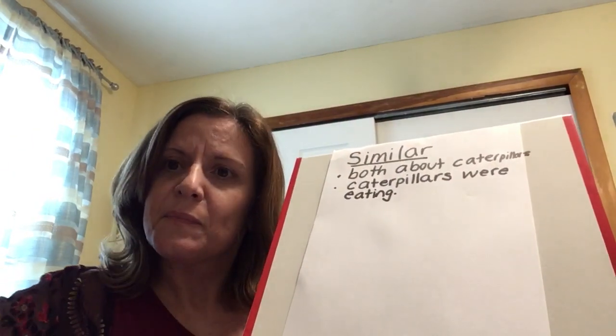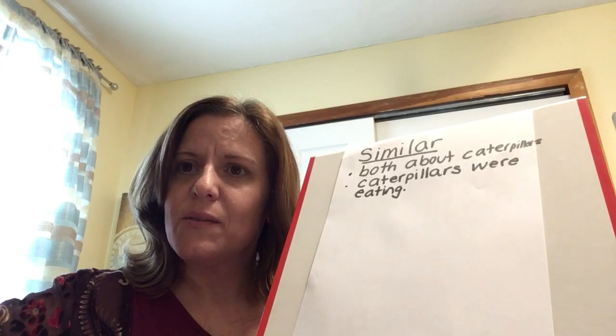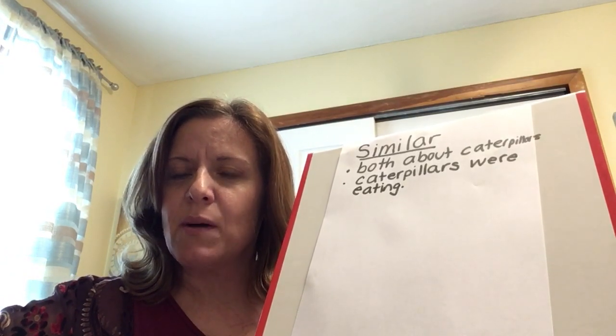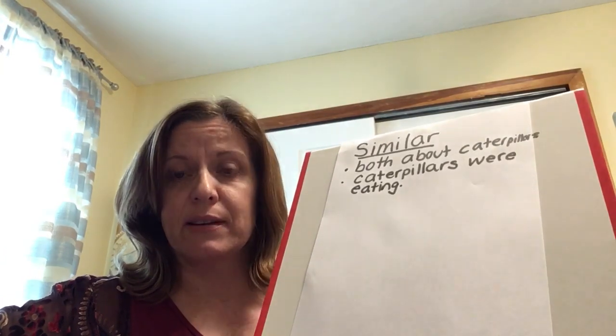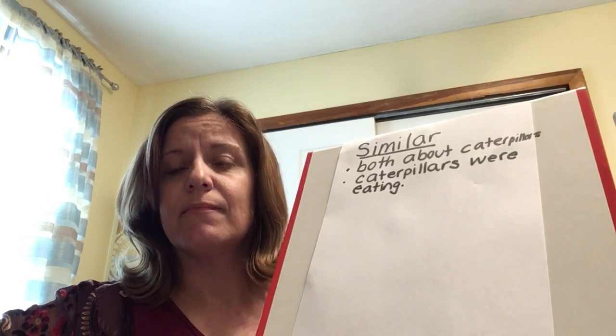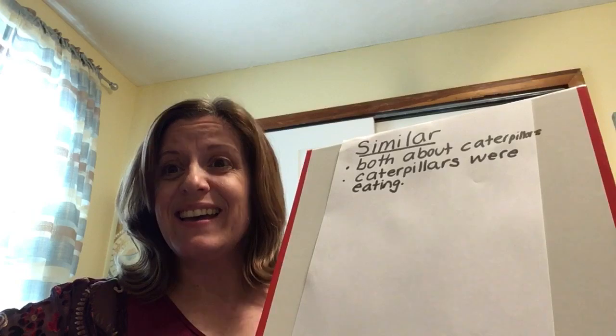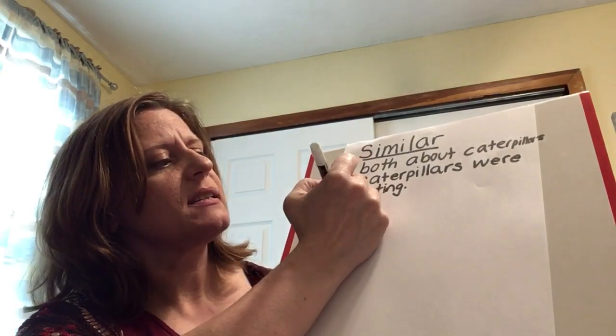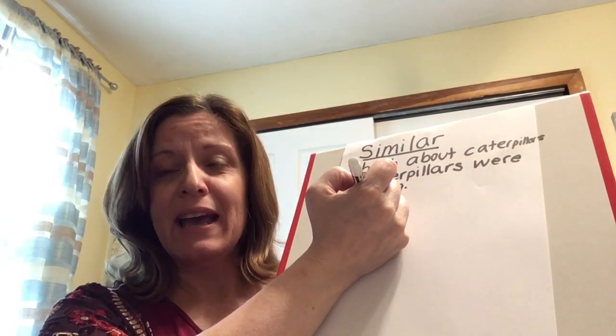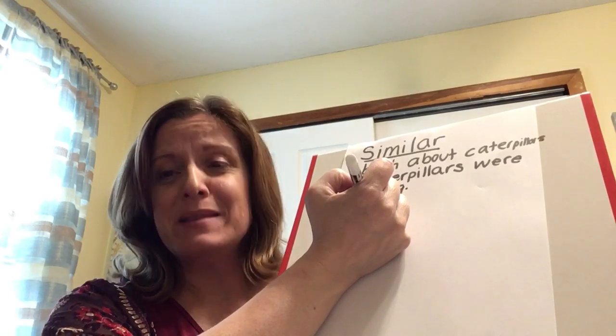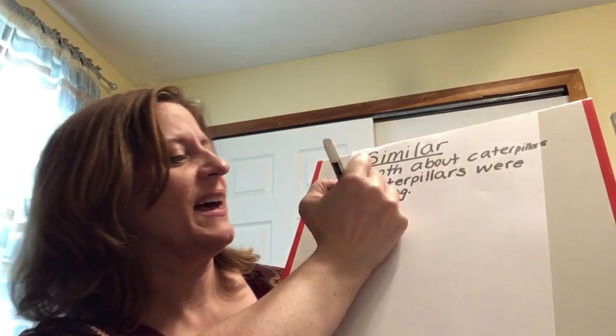Okay. So what's something else that you think you might remember from our poem and our story that were similar? So at the very end, right, they talked about how the caterpillar became a butterfly, right?